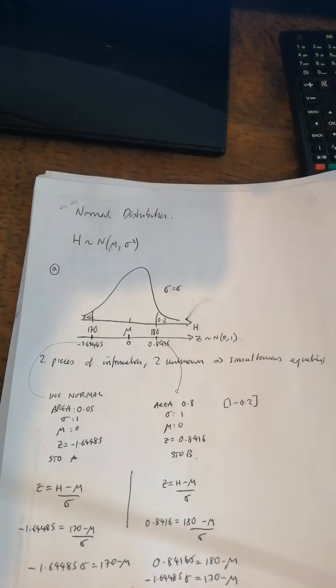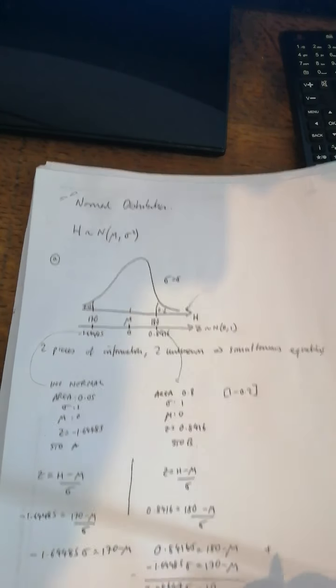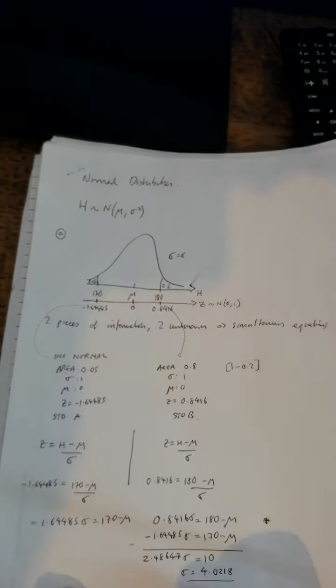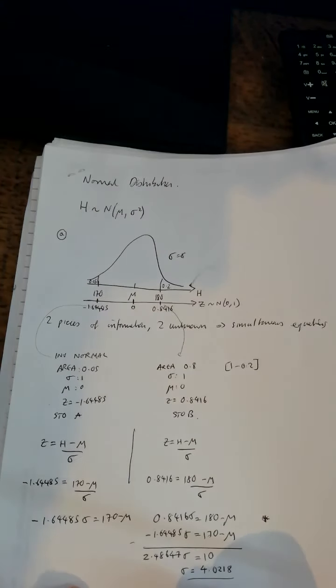Then we can substitute that back into here, and we'll get mu is equal to 180 minus 0.8416 times sigma. I'm going to store 0.8416 as C, again just trying to use the calculator as effectively as possible.